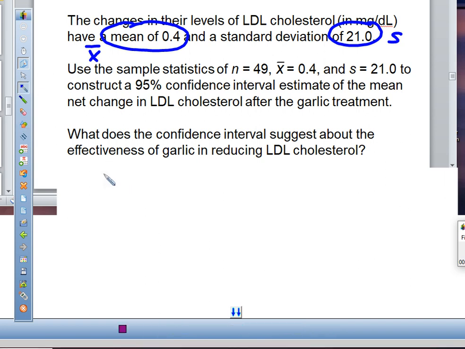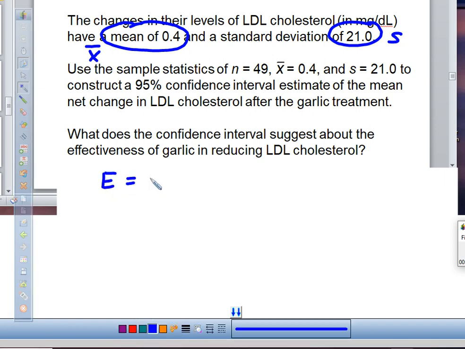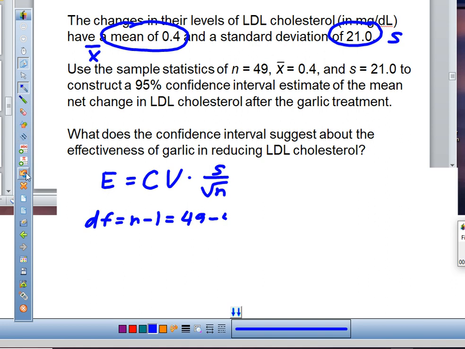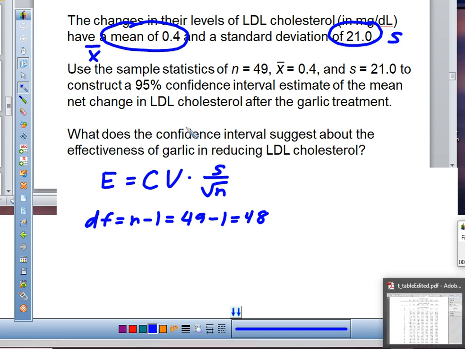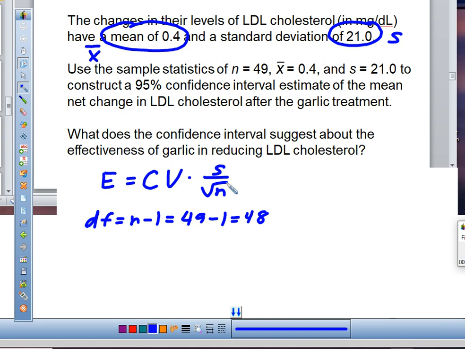First of all, our error is equal to our critical value times s over square root of n, and our critical value comes from the table. So let's see, our n is 49, so that means my degrees of freedom is equal to n minus 1, 49 minus 1, so that's 48. So you're going to bust out your table and say, wait, what is this, a 95% confidence interval? So we need that also.